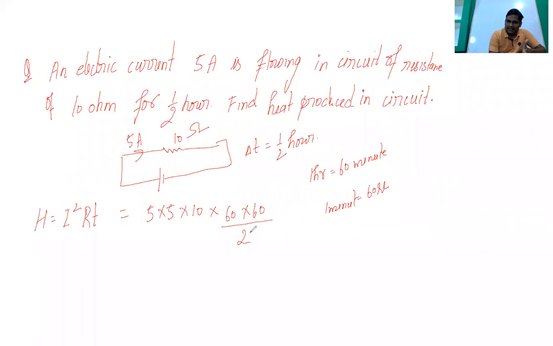So it can be written as 25 into 10 into 1800, that is 250 into 1800. Now you can multiply and this answer will be in joule. Is it clear now or not?